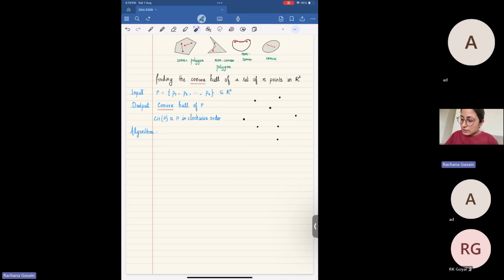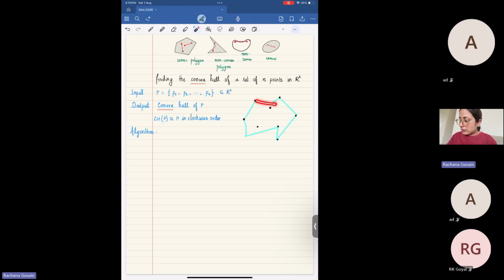So for instance, there are multiple ways to cover this with a polygon. I can have a polygon which is something like this. Okay, this is also a polygon, right?